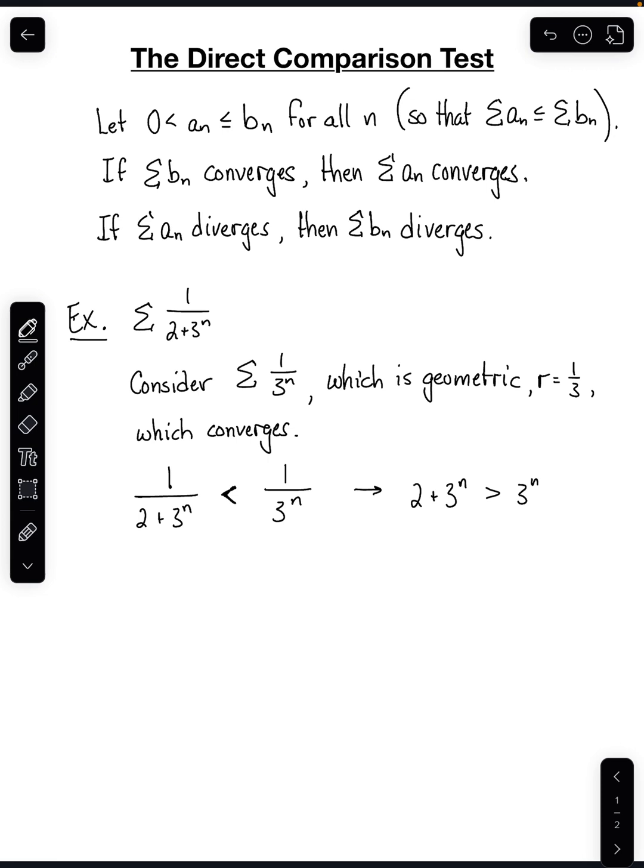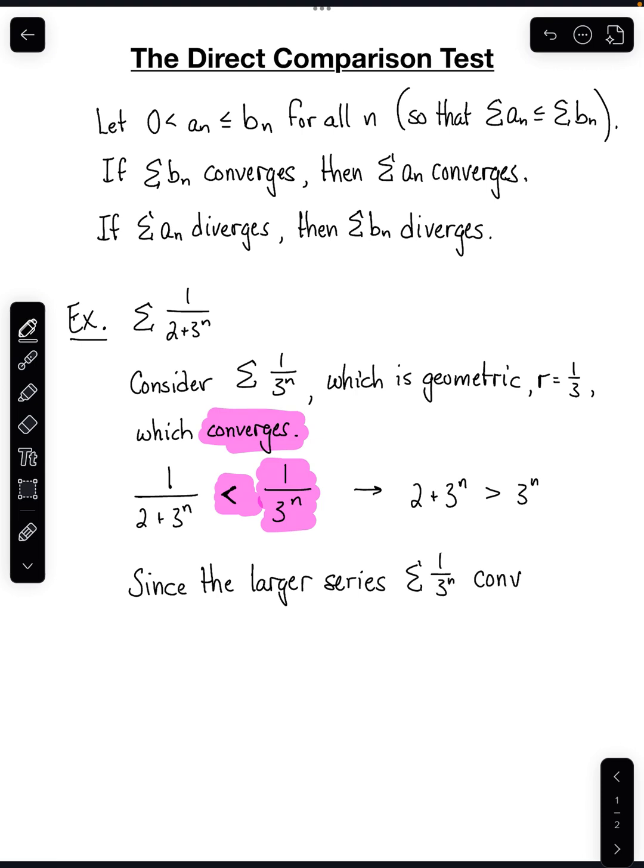So what we have shown here is the larger series is convergent. That fits the first conclusion of the direct comparison test. So we have shown that term by term, the series 1 over 3 to the n is larger.